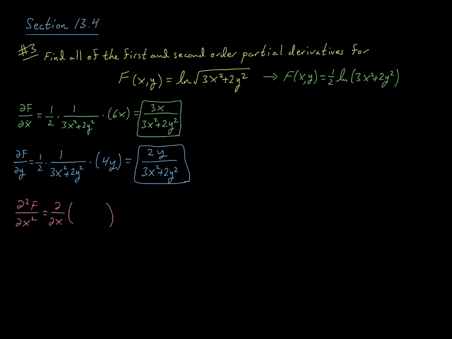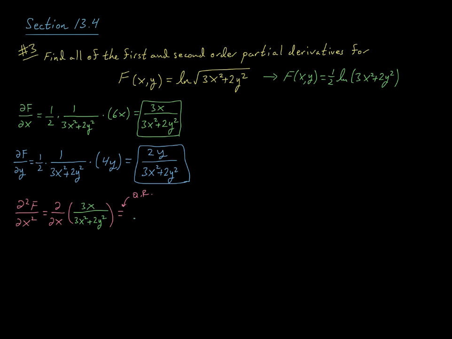Well, the x derivative of f, which we computed here to be 3x over 3x squared plus 2y squared. Okay, so to carry this out, this is an x derivative here, and I see an x in the numerator and the denominator, so that's going to tell me I need to use the quotient rule. So put a little note here, we're using the quotient rule.